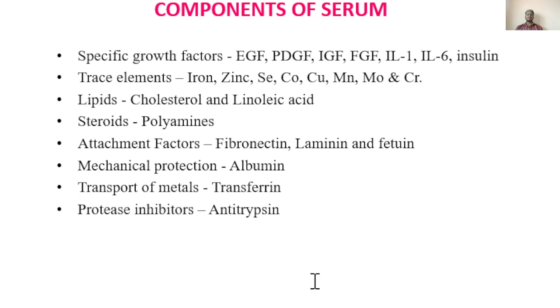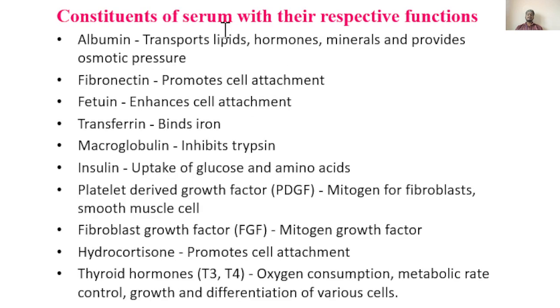Components of sera: the general composition includes growth factors, trace elements, lipids, steroids, attachment factors, transport metabolites and protease inhibitors. And here is how these correlate with functions: albumin transports lipids, fibronectin promotes cell attachment, transferrin binds with iron, insulin helps uptake of glucose and amino acids, PDGF is a mitogen for fibroblasts, and hydrocortisone promotes cell attachment.